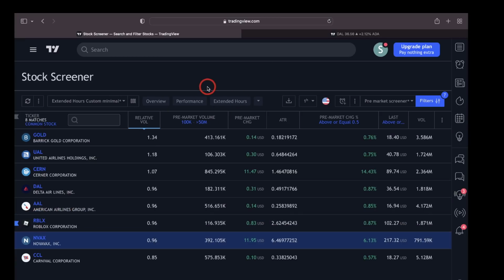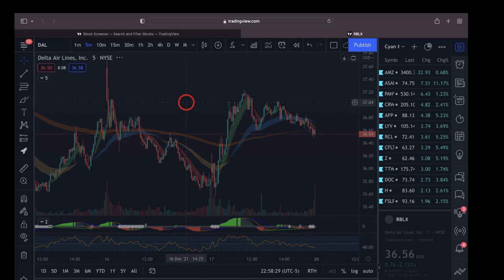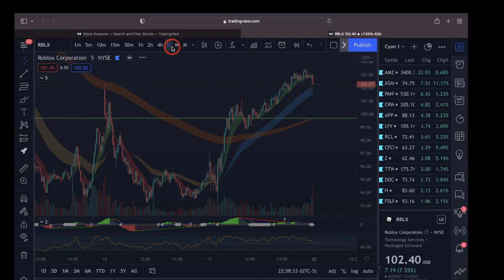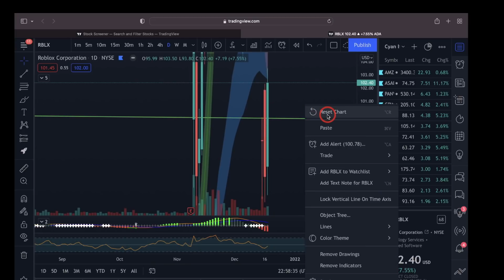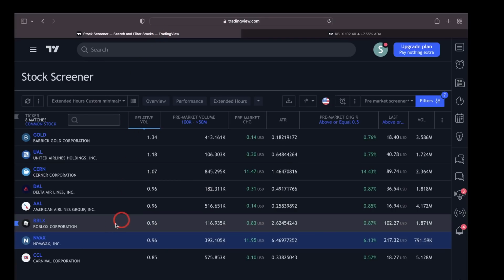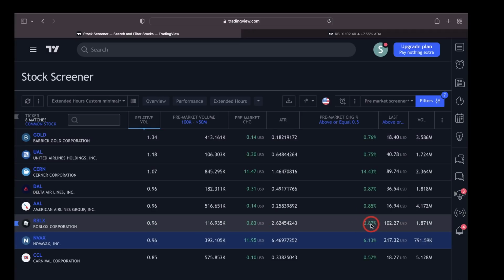And then let's look at finally Roblox. Roblox was also there, and you have to adjust. Now look at this Roblox. If you caught Roblox, that would have been amazing, right? It was in the scanner. We saw it had volume, pre-market change, and it was greater than 1%, and not a lot of stocks were around 1%.